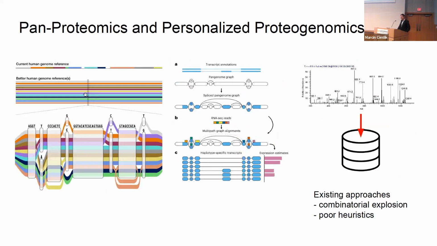Finally, I would like to highlight that you probably noticed how pangenomics has made a tremendous impact on the genomic community. Now we can represent variation across many species or multiple humans in one graph to represent the human reference genome.